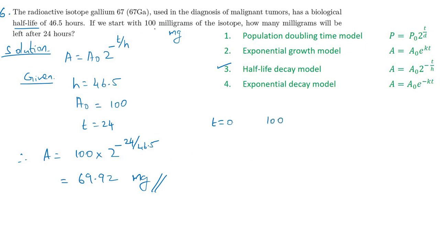Half-life means this 100 will become 50 in 46.5 hours. But now you want to know the amount at an intermediate time, 24 hours. So time equal to 24 is a number between 0 and 46.5. So the answer will be between 100 and 50, that is 69.92.